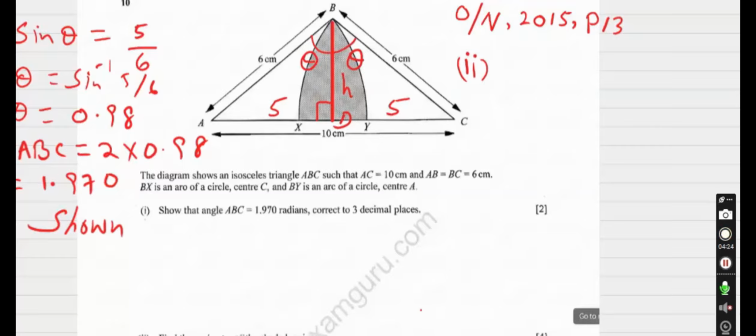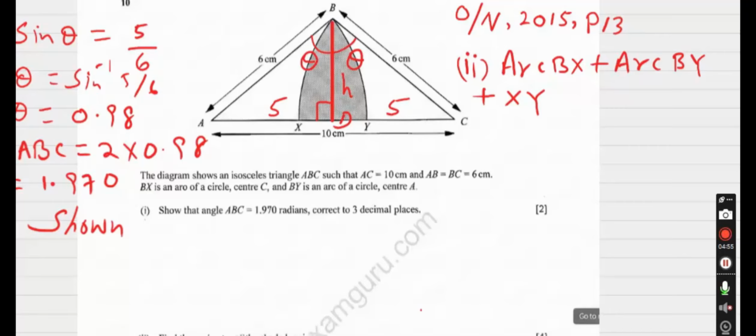Perimeter of the shaded region is arc XB, or you can say BX, plus arc BY plus the length of the line XY. So if we find all these three and add them, you will get the perimeter of the shaded region.